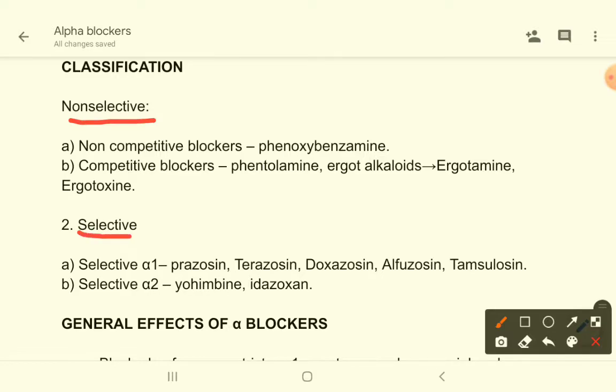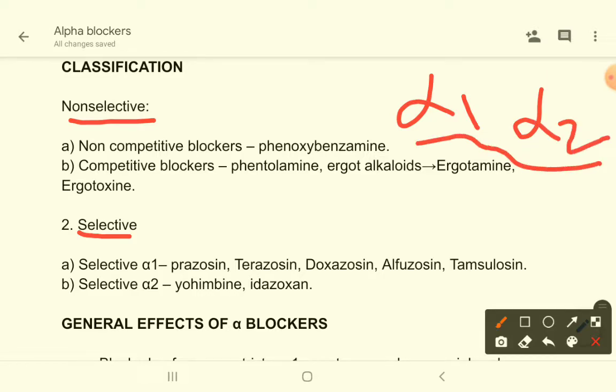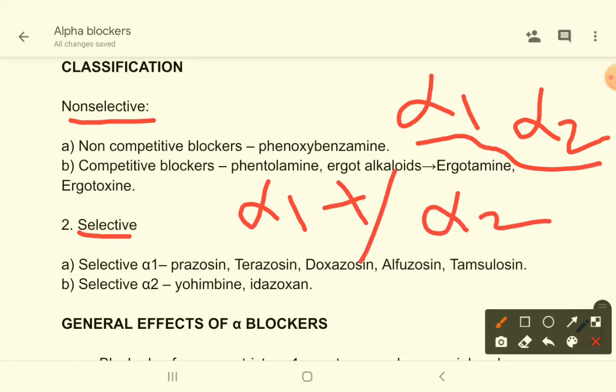Okay, so non-selective are the alpha blockers which block alpha 1 as well as alpha 2. So these are non-selective. And the selective alpha blockers, they either block alpha 1 or they block alpha 2. They do not block both simultaneously.